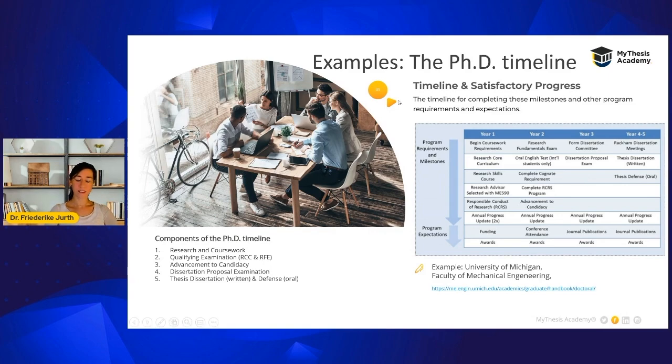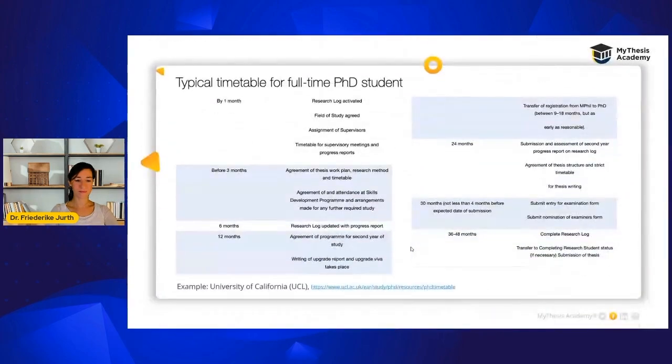This is a little figure from the University of Michigan and how they present the program and the examination. So here we have another example that is called a typical timetable for full-time PhD students from the University of California.